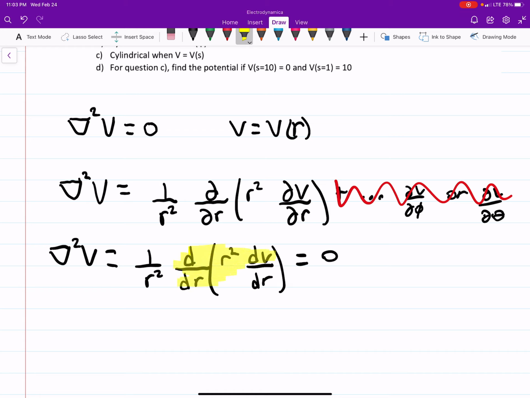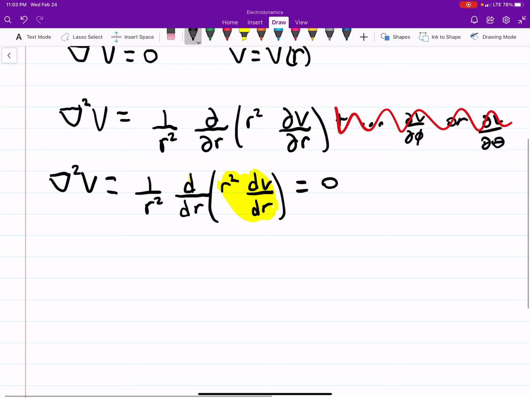If inside our derivative is a constant, and we take the derivative of that constant, we're going to get a 0. So to find out where this works, we can say r squared dV dr equals a constant, which I'll call c1.